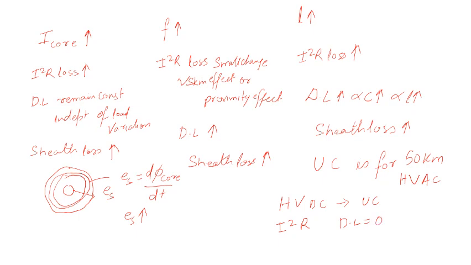Sheath loss is also zero, because change of current is not happening, so change of flux is not happening. So the limitation with respect to the length of the line is not a constraint for HVDC. For an HVDC line, underground cables are feasible.